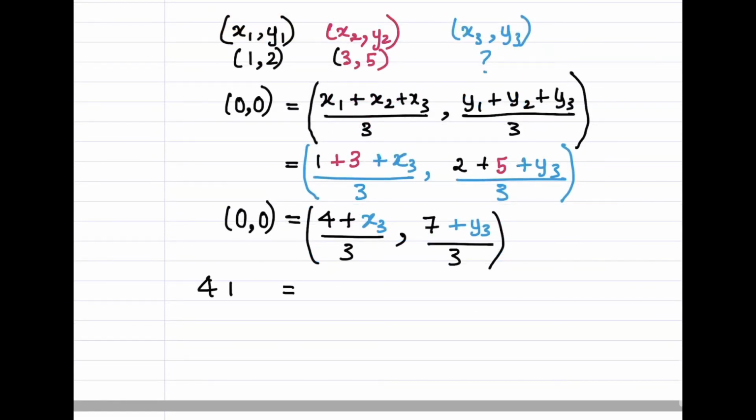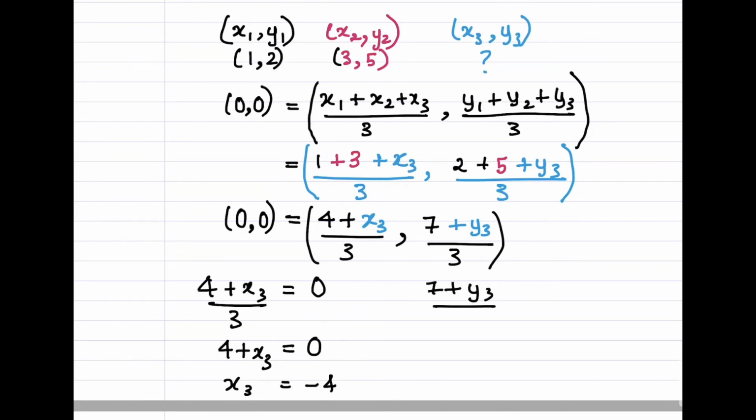We'll equate the x coordinates first: (4 + x3)/3 is equal to 0. So 4 + x3 is equal to 0, and therefore x3 is equal to minus 4. Now the y coordinate: (7 + y3)/3 is equal to 0.